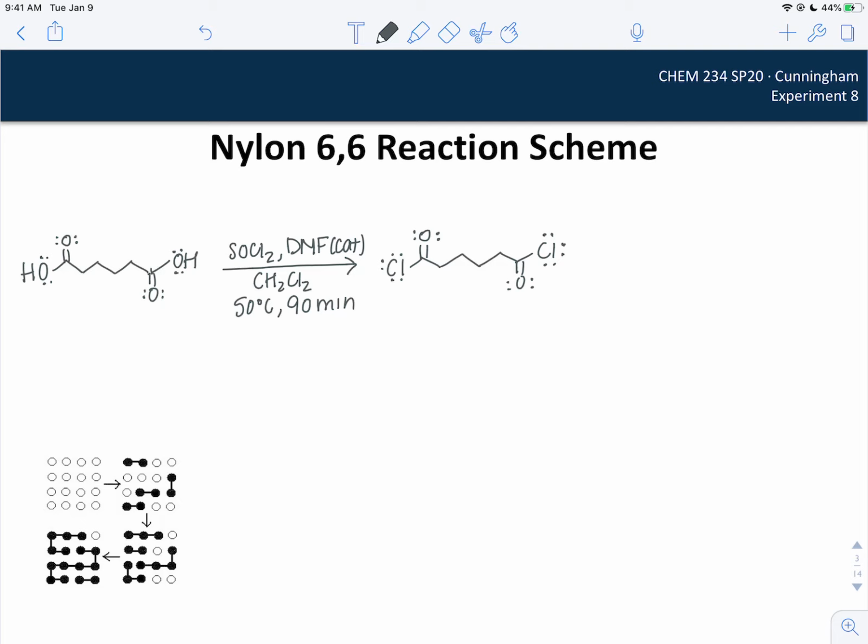At this point we can take what is now adipoyl chloride, and we can react this with our next reagent, which is going to be our hexamethylene diamine.